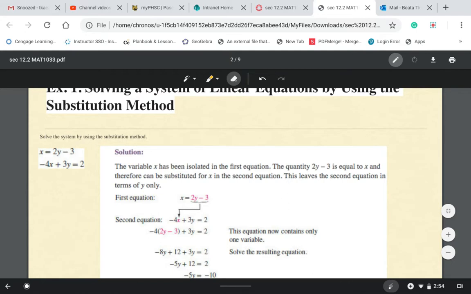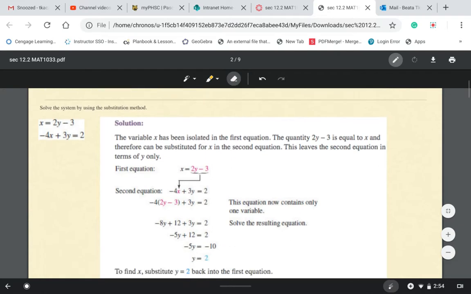This is the equation of a straight line; you have x and y variables to the first power. The second equation is -4x + 3y = 2. What we're trying to figure out, without graphing, is at which point those two straight lines will intersect. So we're going to use the substitution method.